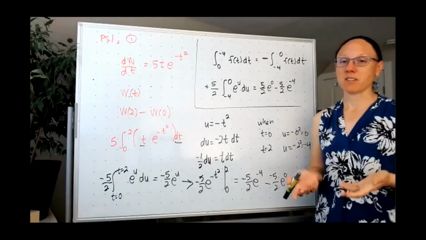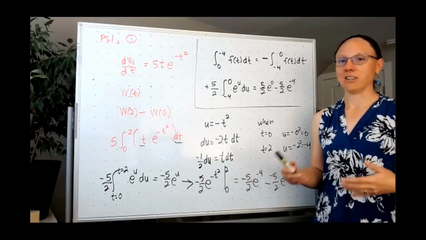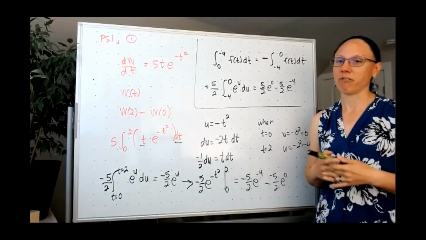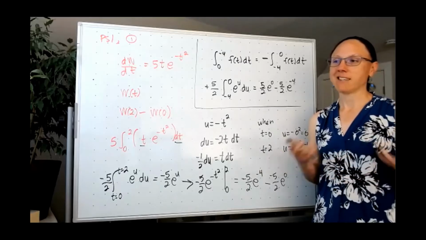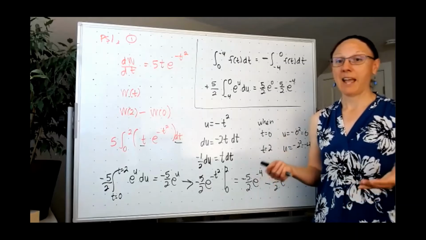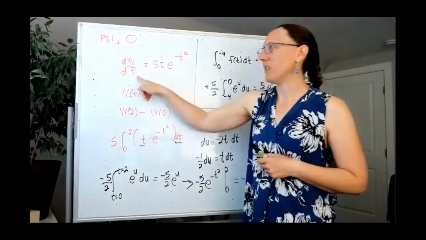In terms of the stuff that we're likely to see on this exam, I do think we're likely to see a test question that involves some sort of derivative-y problem. However, it might not be written to say dw dt.